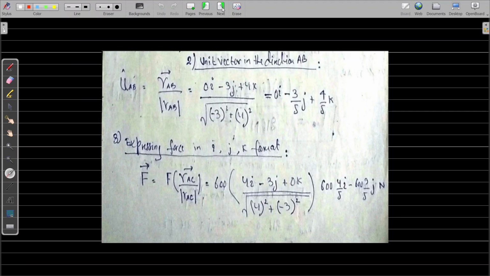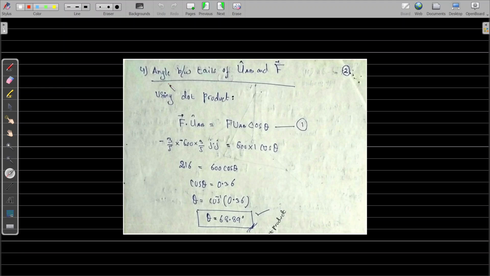Let's proceed further. We are now interested in calculating the projections of this F. Okay, so if you look at it, sorry, we have to first calculate the angle also. The angle between the tails of UAB and F is found using the dot product. And we already know the dot product formula: vector F dot unit vector AB is equal to magnitude F into magnitude of unit vector AB into cos theta.